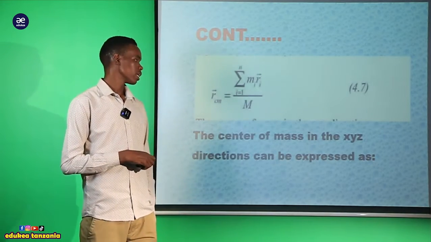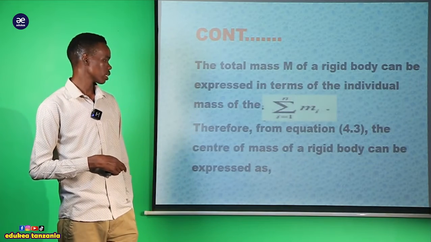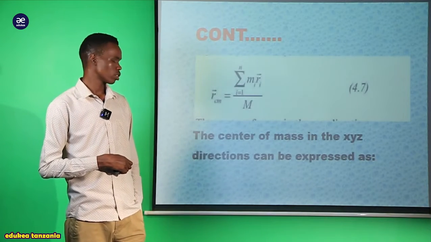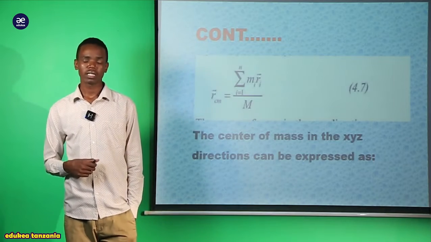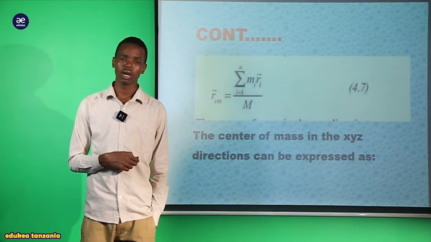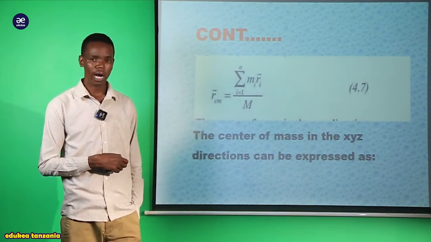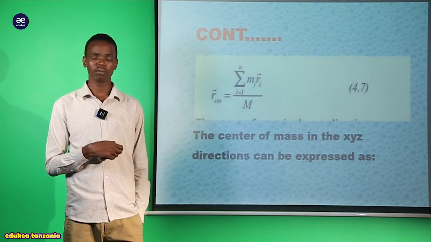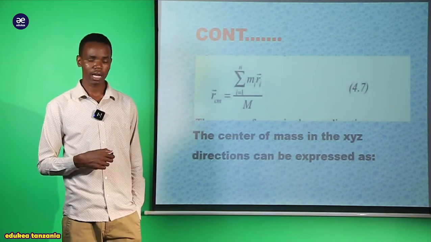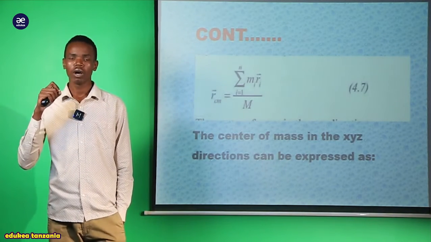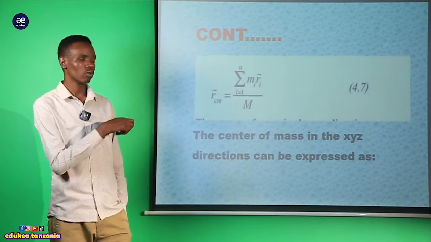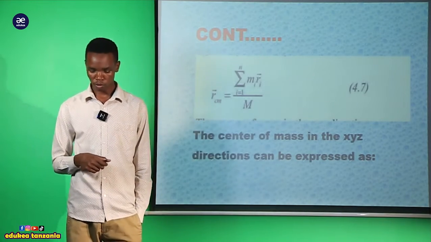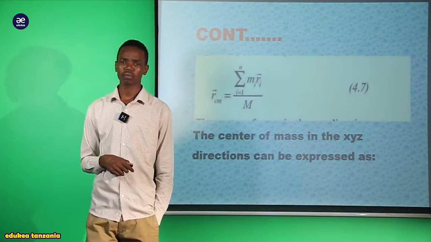And our formula that represents the position of the center of mass, R_CM, must be equal to the summation of m_i times the vector r_i, with i starting from 1 up to n, up to the final value of n, as we observe here.